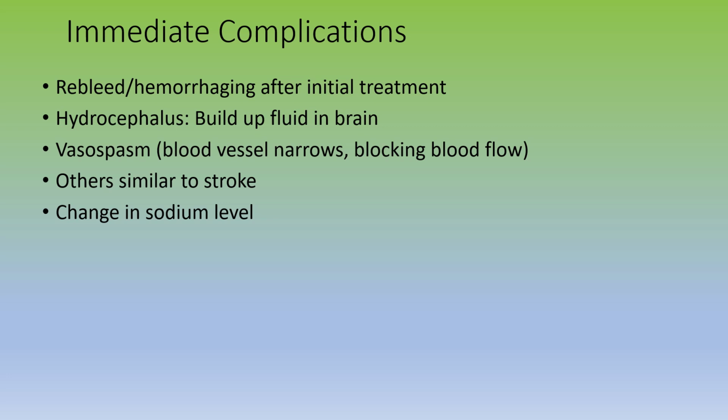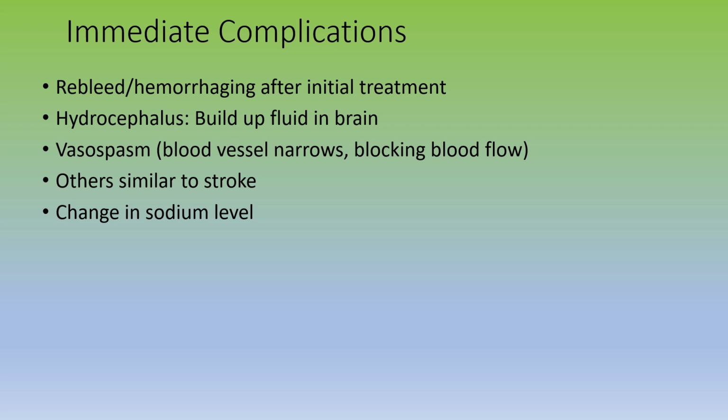Another complication can be a buildup of fluid within the brain, known as hydrocephalus. This is most common in a ruptured brain aneurysm, which occurs in the space between the brain and the thin tissues covering the brain. The blood can block the movement of the fluid that surrounds the brain and spinal cord. As a result, an excess of fluid puts pressure on the brain and can cause damage to the tissues.